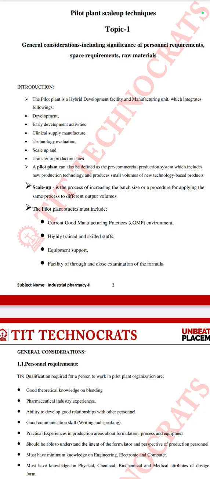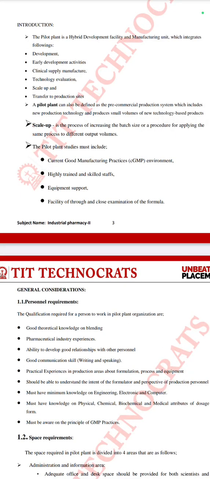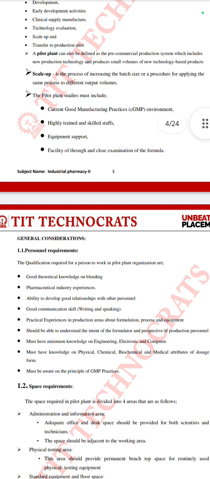And what is the meaning of scale up? Scale up is a process of increasing the batch size, or applying the same process to different output volumes. And what must a pilot plant study include? First is current good manufacturing practices, environment, highly trained and skilled staff, and equipment support facility through the closely examined formula.